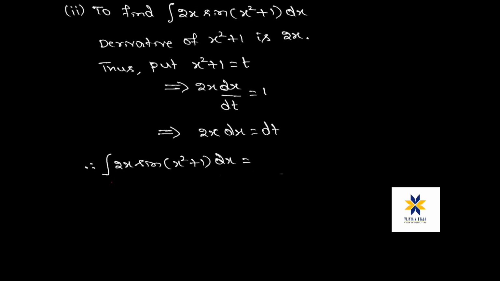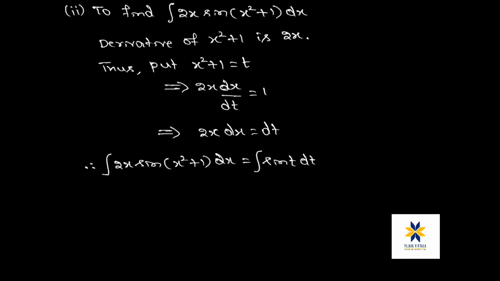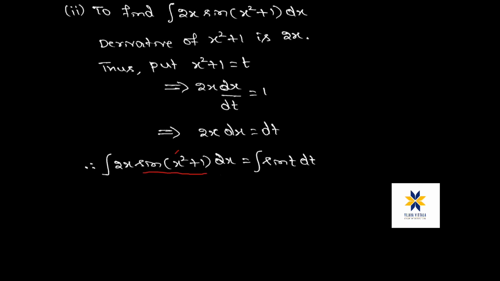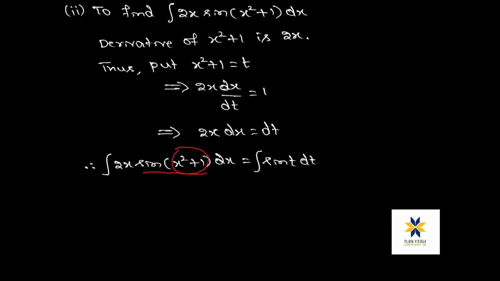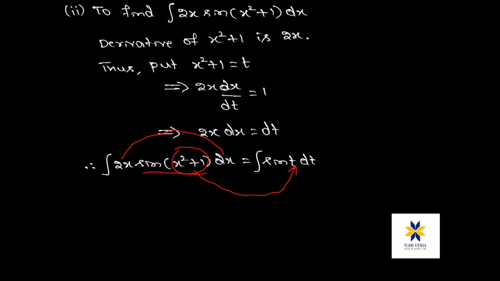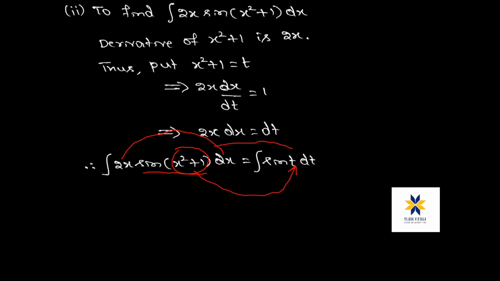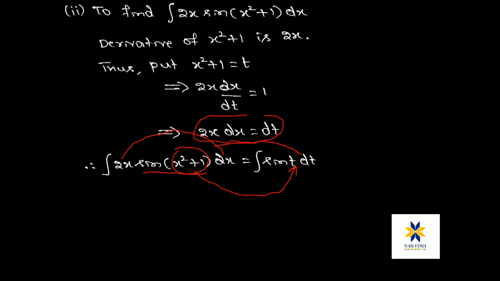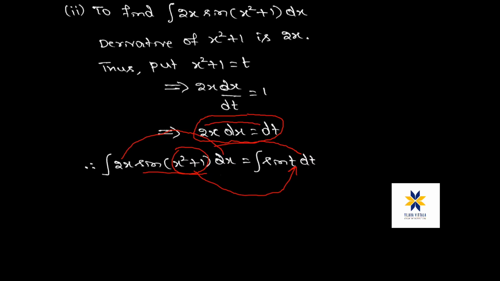Therefore, the given integral becomes integral of sine t, because we have taken this as t, integral of sine t, and 2x dx will become dt, as we have observed in this step. 2x dx can be written as dt.